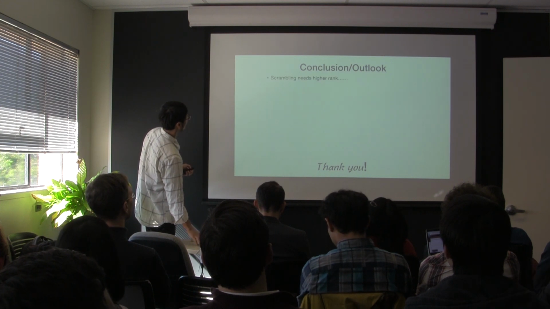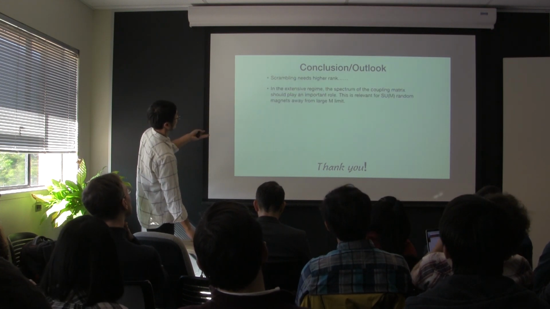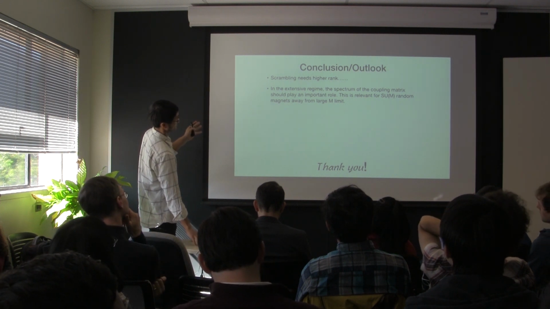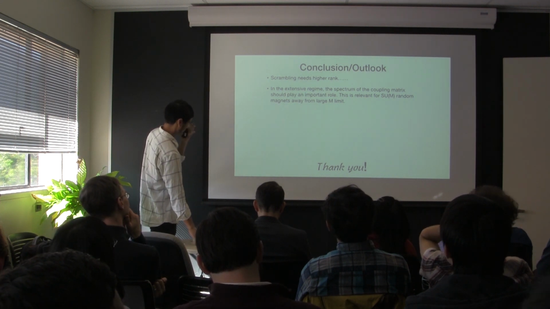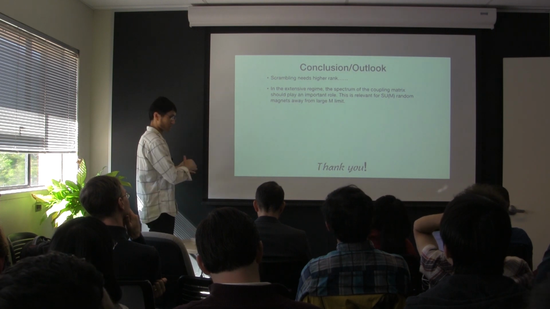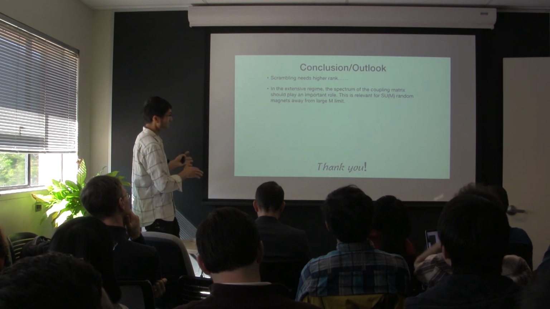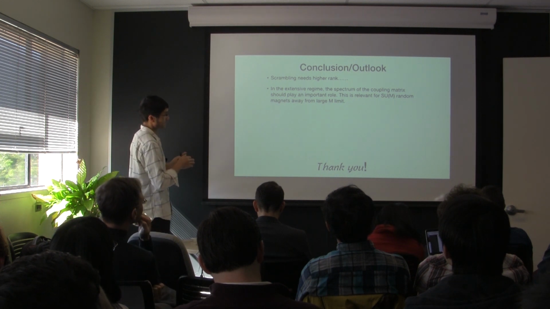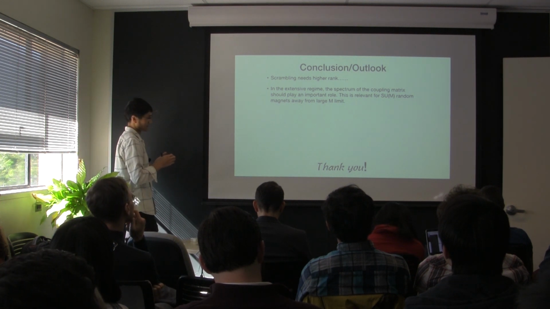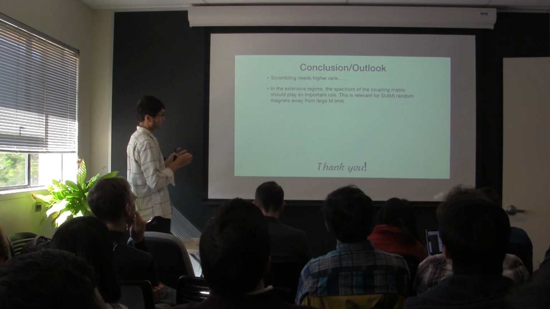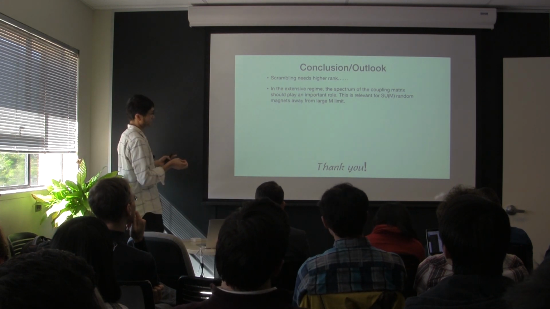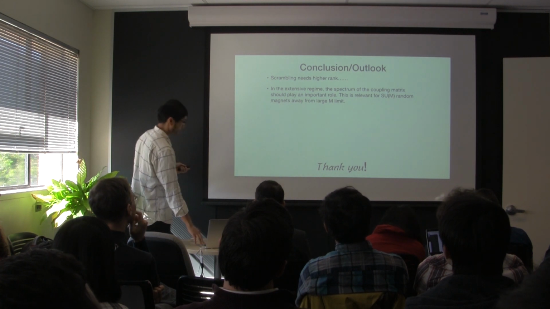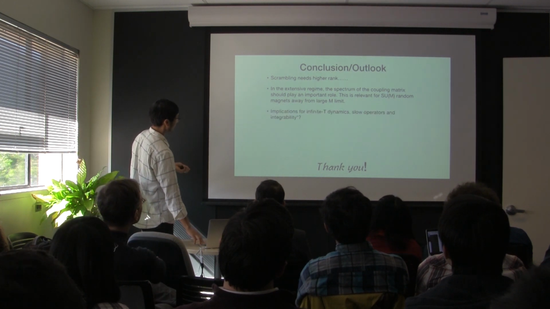So the conclusion: a scrambler needs higher rank, and most importantly, in the extensive regime, which I argued is physical from the point of view of random Heisenberg magnets, the spectrum of the coupling matrix plays an important role, and we expect that this is relevant for SU(M) random magnets away from the large M limit, and we would like to study it further.